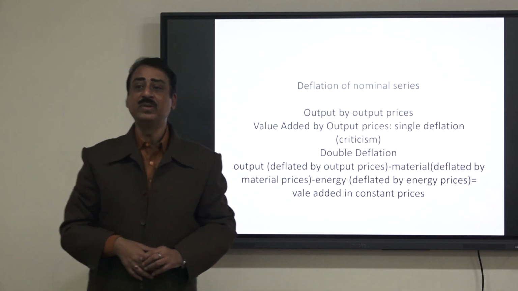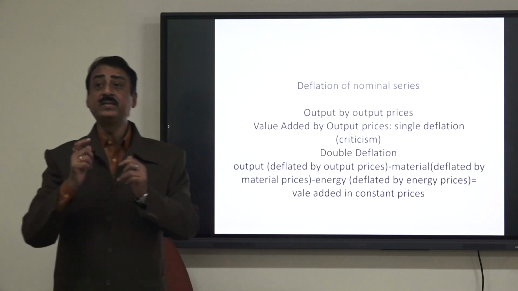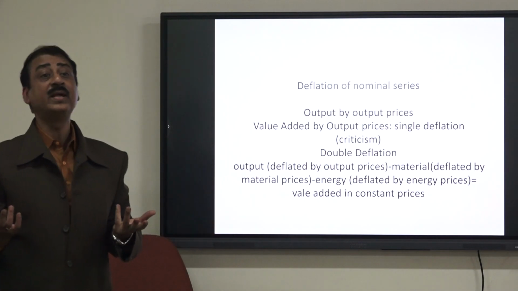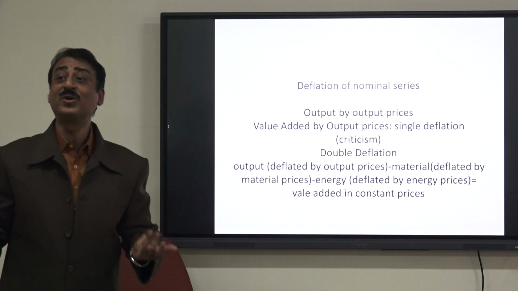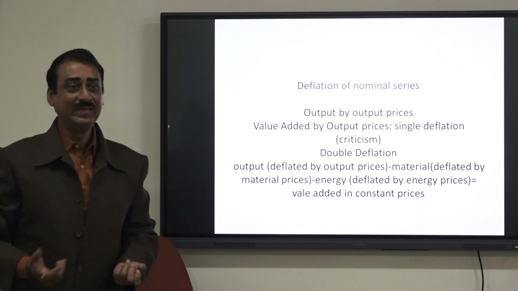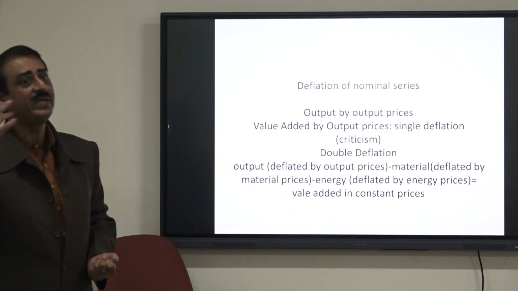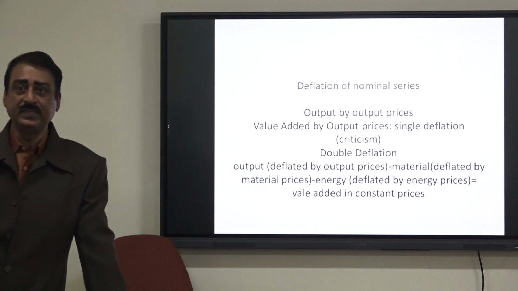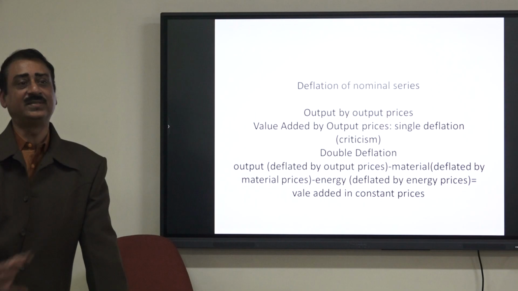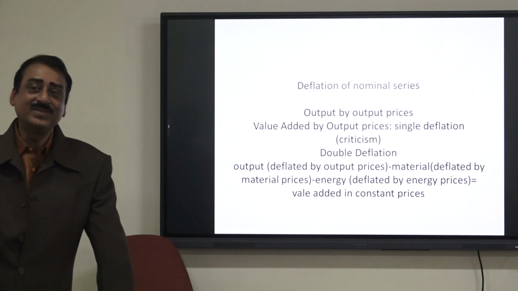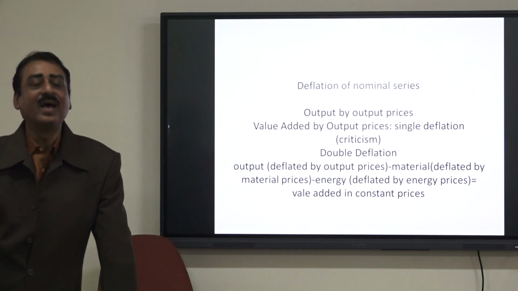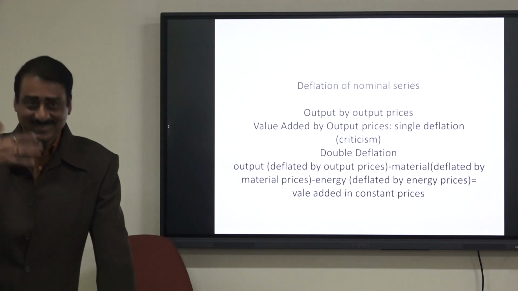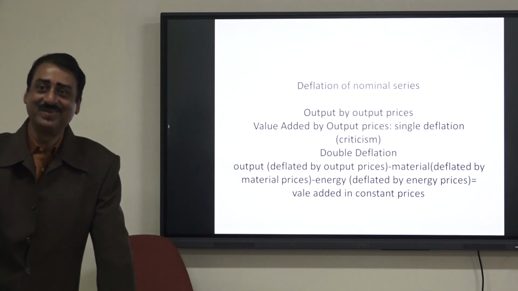So therefore you will have to deflate the value added. How would you deflate? Value added price is not available anywhere. You will have output prices, you will have input prices. So some people take the output price series and deflate the value added series. But that is wrong. It's not wrong, I would say it has certain problems.